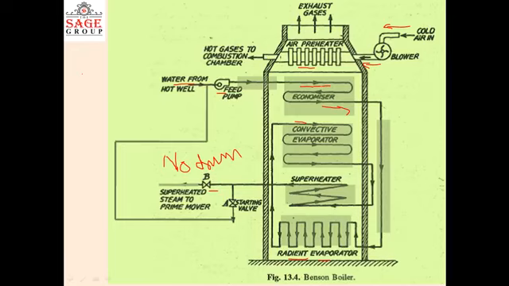It will be heated slightly in the economizer, and then it will pass through this radiant evaporator, following this passage to the convective evaporator. Then after passing through the convective evaporator, it will pass through the superheater section.